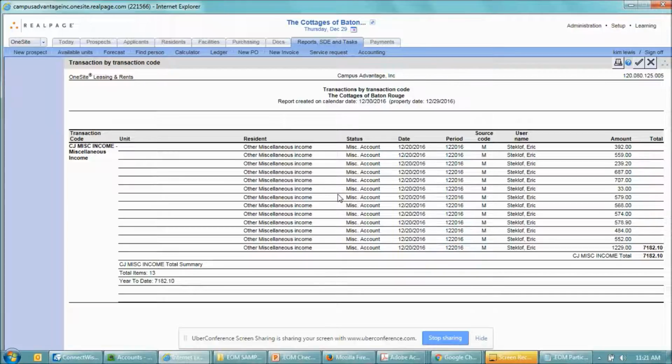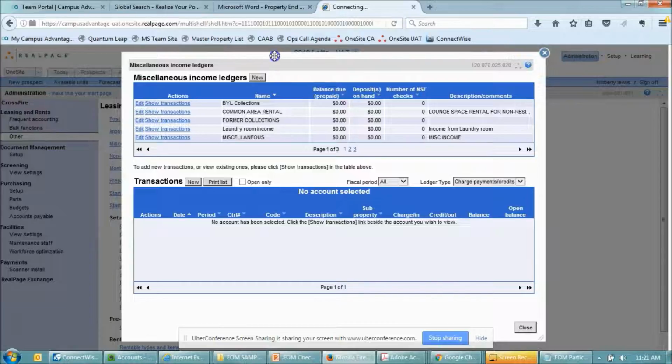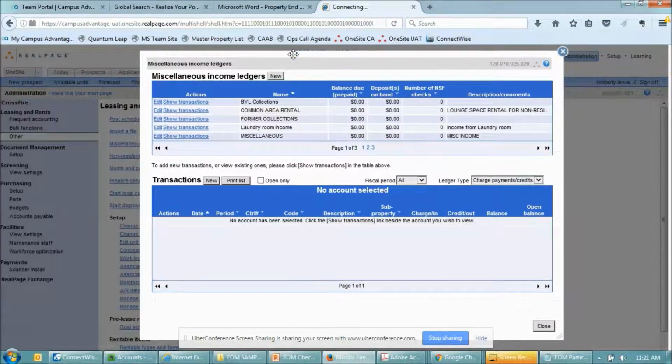I was hoping I could pull up the exact ledgers so we could see the difference between the miscellaneous income charge on a ledger versus the miscellaneous income ledger's utility. But this is the miscellaneous income ledger's utility, not to be confused with the miscellaneous income transaction code.